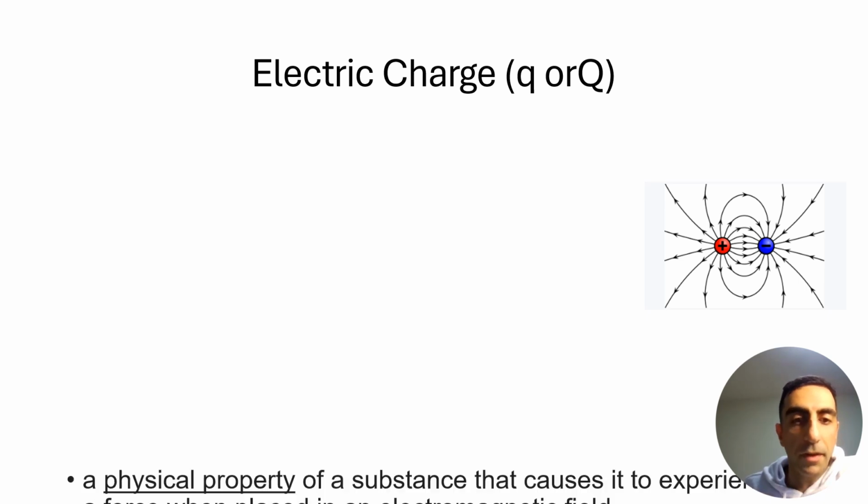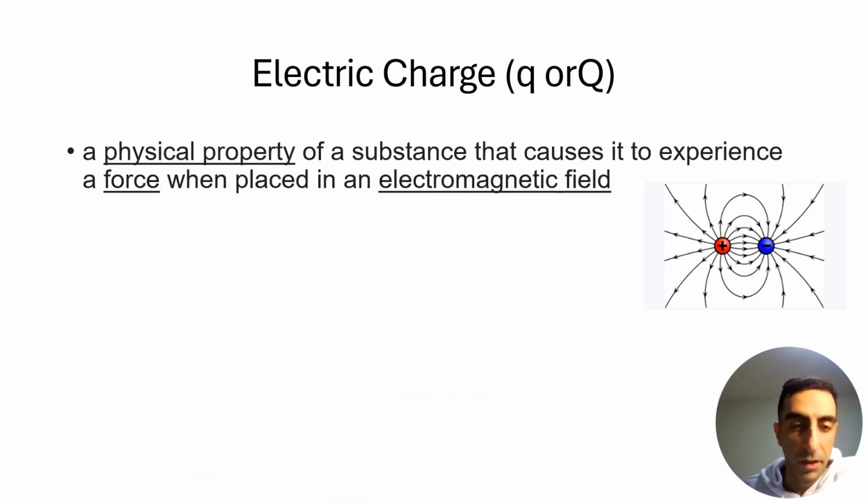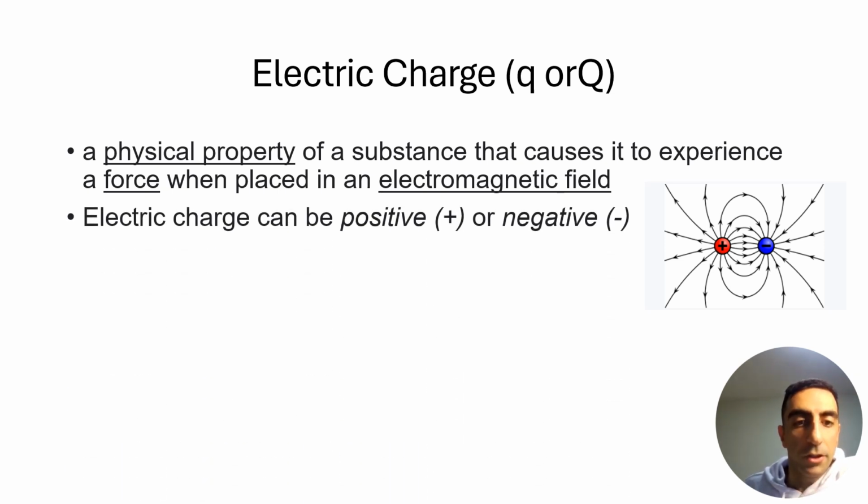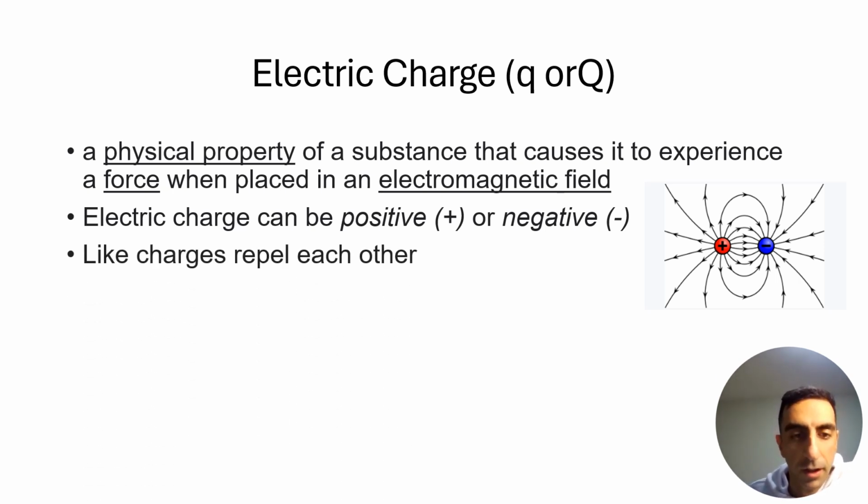We have positive and negative charge. It's a physical property of a substance, of a material, that causes it to experience a force when placed in an electromagnetic field. We will know more about electromagnetic fields in future. Electric charges can be positive, which we know as protons, or negative, which we know as electrons.